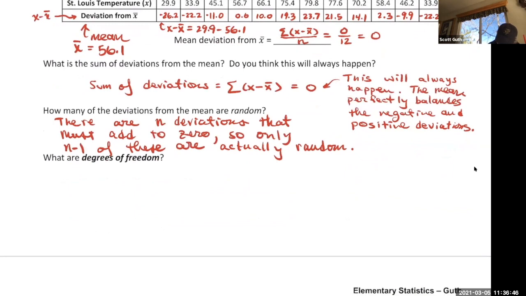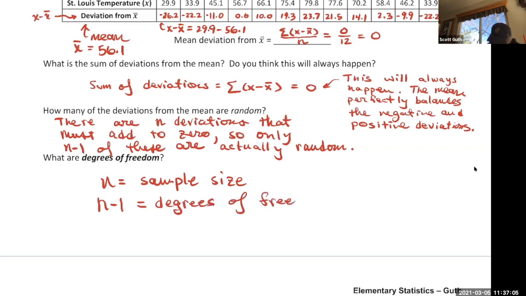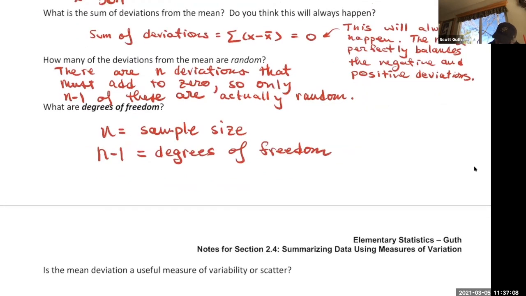Okay, so n is sample size. N minus 1 is called degrees of freedom, which is the number of random deviations from the mean.